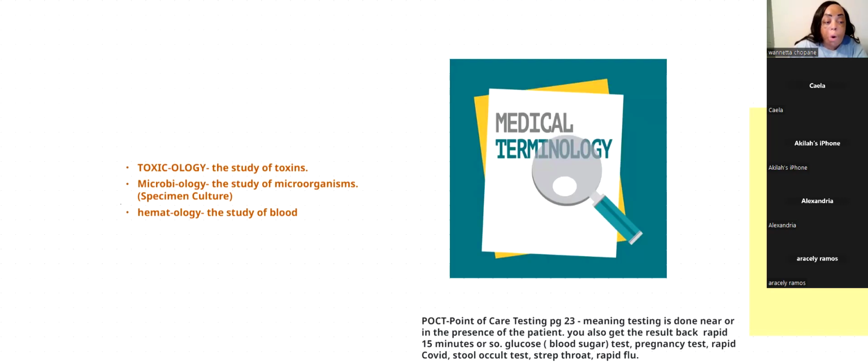The reason why I pointed out these particular three terms is because I want you to be familiar with the different departments in the lab. It's more than just these three, but these are big, important departments.